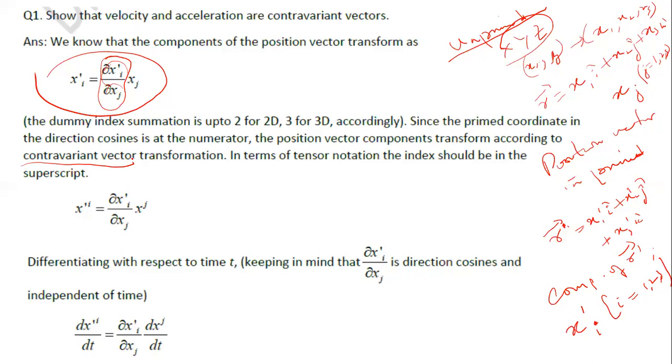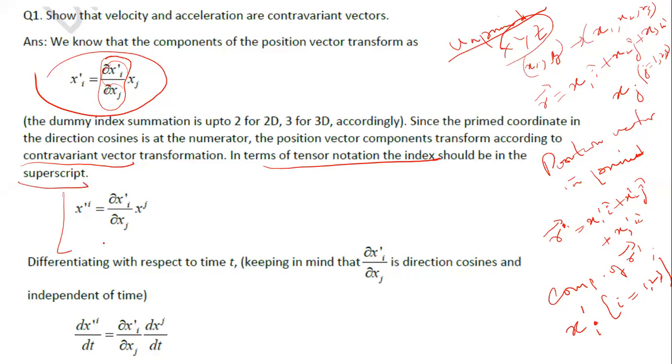Therefore, under the classification between contravariant and covariant vectors, we can classify it as a contravariant vector because of this transformation coefficient, or the partial derivatives, in which the prime coordinate variable is in the numerator. Therefore, following the tensor notation, the index here should be written in the superscript.